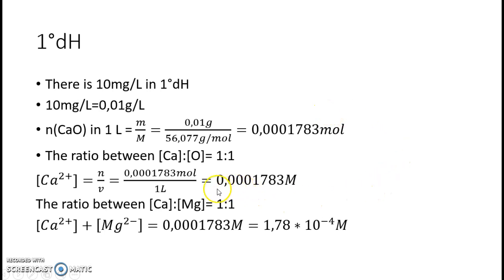And it must be 0.0001783 molar. We know that the ratio between calcium and magnesium is 1:1. Therefore, you could say calcium 2+ ions plus magnesium 2+ ions must be 0.0001783 molar, which is the same as 1.78 times 10 to the power of -4 molar.